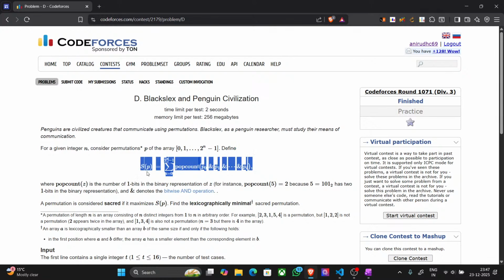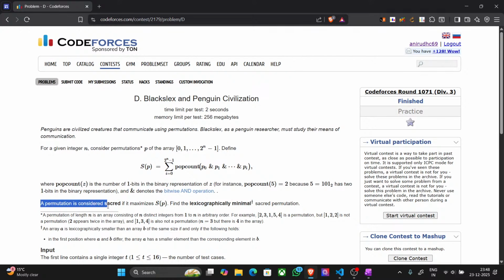Define SP as the summation for i equals 0 to 2^n minus 1 of popcount(p0 & p1 & p2 ... & pi), where popcount of z is the number of set bits in the binary representation of z. Popcount of 5 is 2 because 5 is 101, which has two bits that are 1, and & denotes the bitwise AND operation.